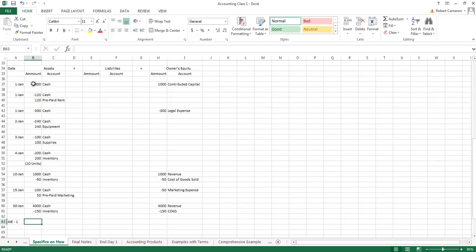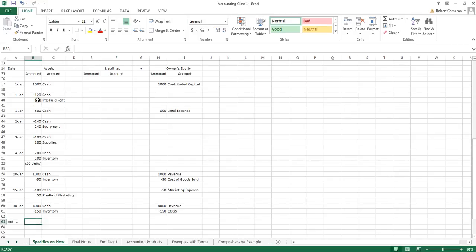So adjusting entry 1: pay, get $1,000, $1,000 contributed capital. Nothing's changed there. We didn't expect anything to change. That happened. Next, prepaid rent. Well, that has changed because we've paid for a whole year and 1 month has gone by. So we're going to expense away 1 month.